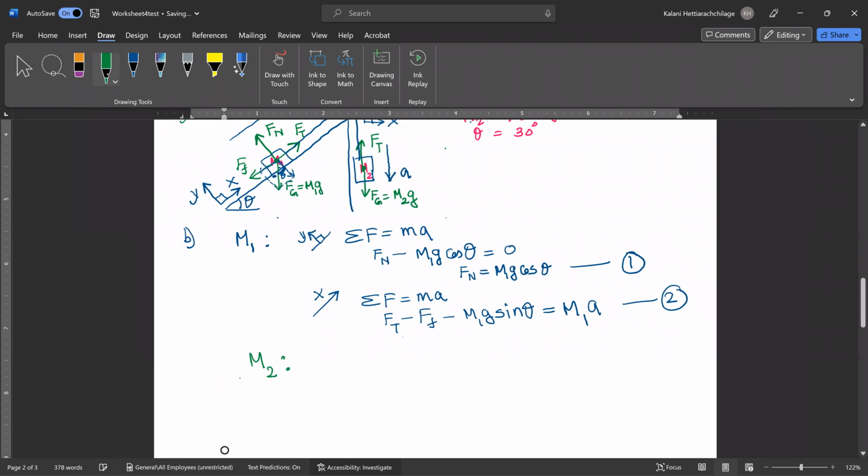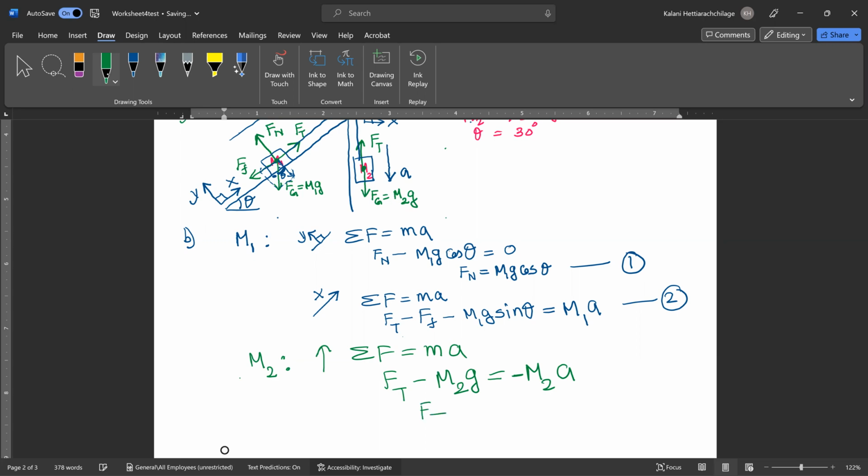Because for the M2 object in the y direction, net force equals mass times acceleration. That means I have the tension force, but M2G is in the negative y direction, and that should be equal to the mass of that object times the acceleration, which is also in the negative direction, right? So now this one, I think we can calculate it.